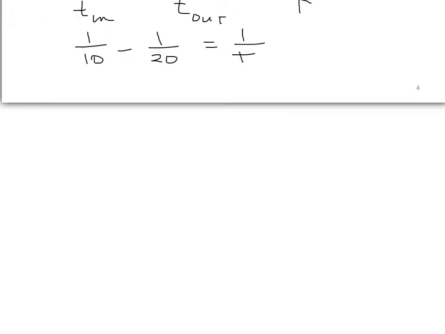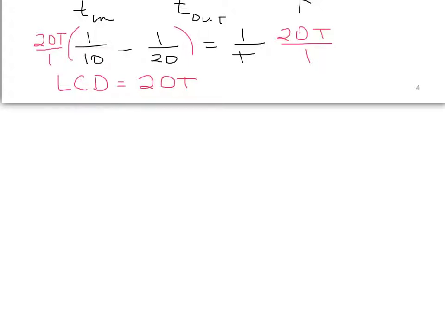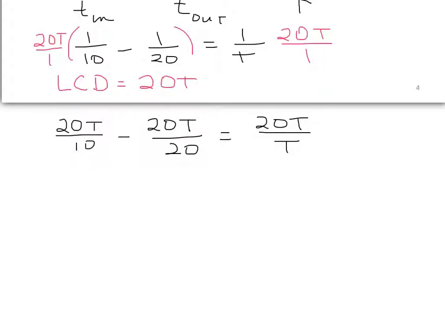So again, we're going to find the least common denominator, which in this case is pretty clear. It's 20t. So we're going to multiply everything by 20t. And so what we get is 20t over 10 minus 20t over 20 equals 20t over t.